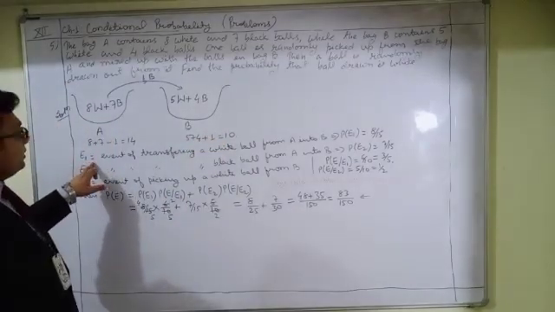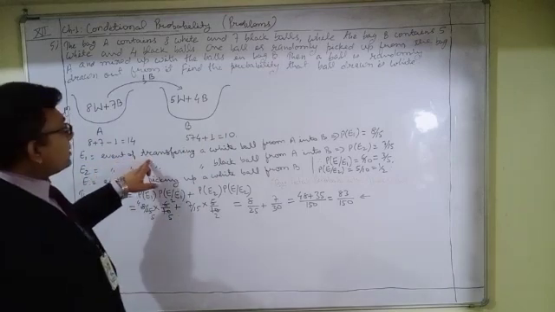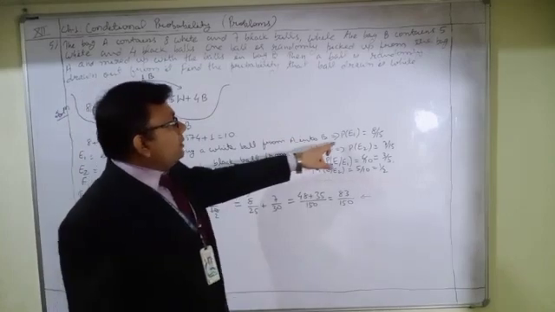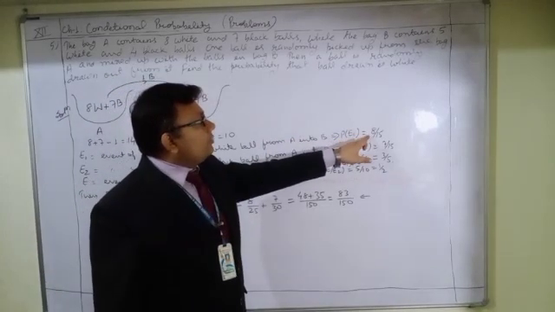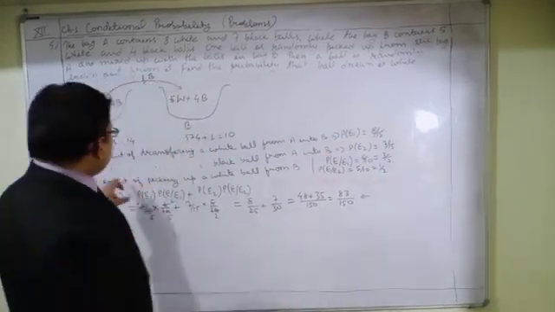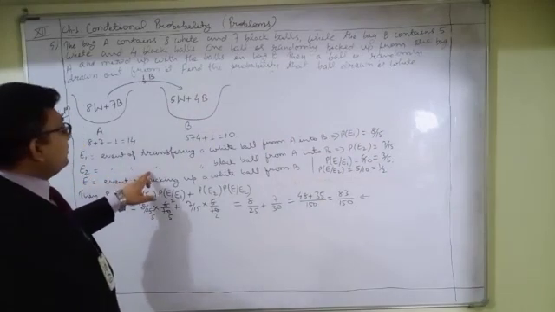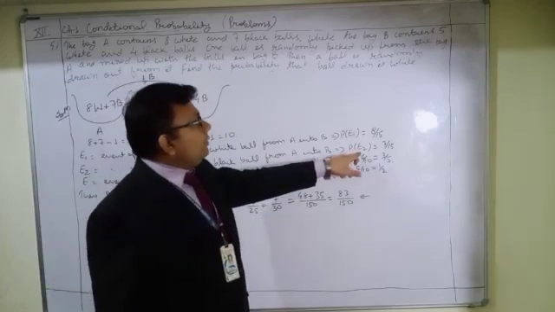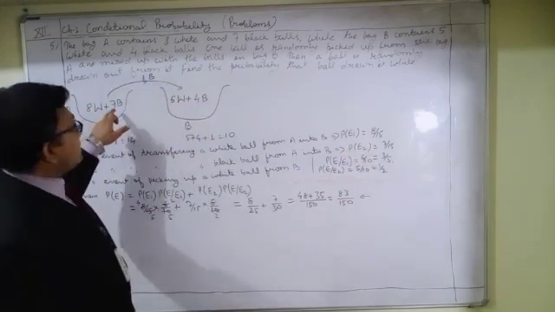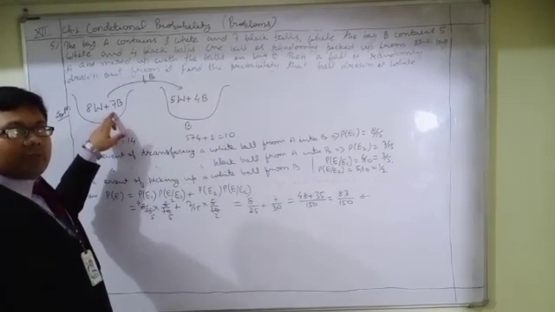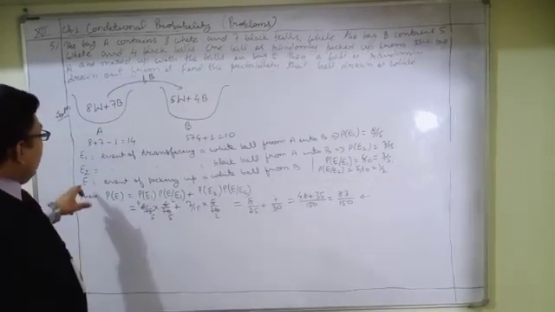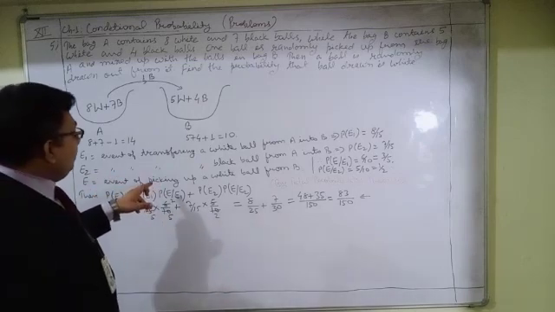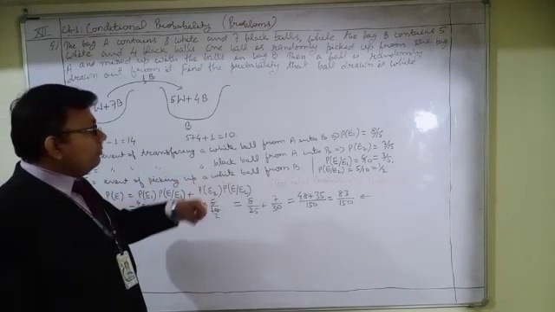Now, let us assume that E1 is the event of transferring a white ball from A into B. Then probability of E1 will obviously be equal to 8 by 15. E2 is the event of transferring a black ball from A into B. Then probability of E2 is equal to 7 by 15, because a total of 7 black balls are there in bag A. Then event E represents picking up a white ball from B.